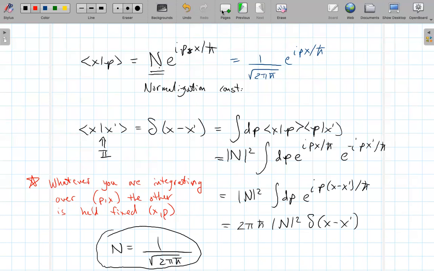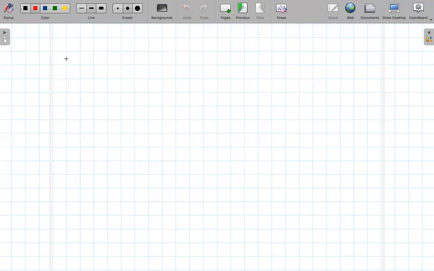Now, one interesting consequence of this is notice that if my phase changes by 2 pi, so if we change this by a wavelength, ignoring the prefactor, e to the i p(x plus the wavelength) divided by h bar must be equal to e to the i p times (x plus 2 pi) divided by h bar.